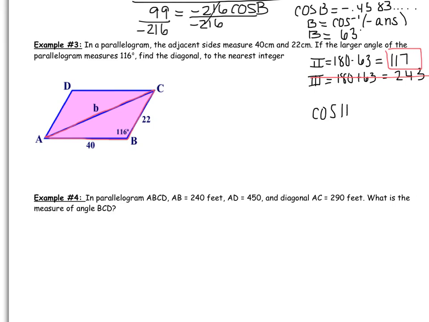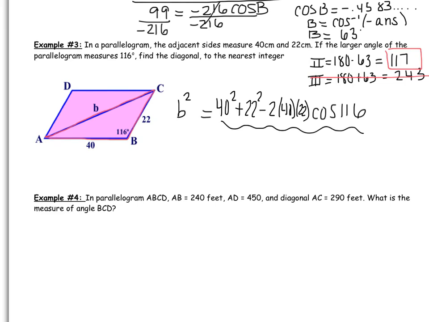So cos 116. And then what goes over here on the left-hand side? The angle or the side opposite it. So this would be b squared. And then we're just going to plug in the 40 squared and the 22 squared, and subtract 2, 40, and 22. And now this one's nice because I could just throw this whole thing into the calculator. So let's do that.